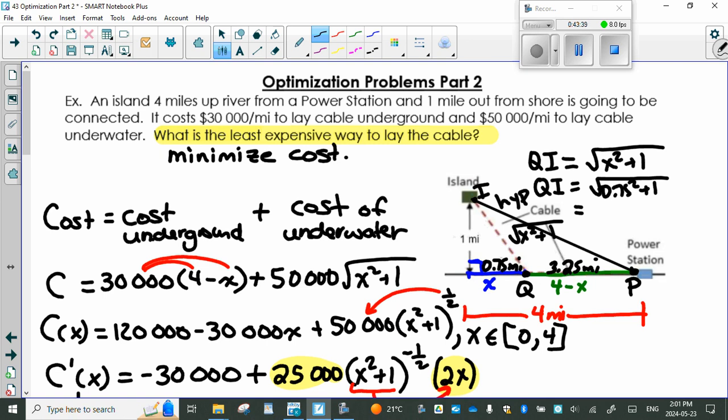So the square root of 0.75 squared plus 1 is 1.25 miles. So in my statement, I'm going to say that the least expensive way to lay the cable is 3.25 miles underground and 1.25 miles underwater. Yeah?